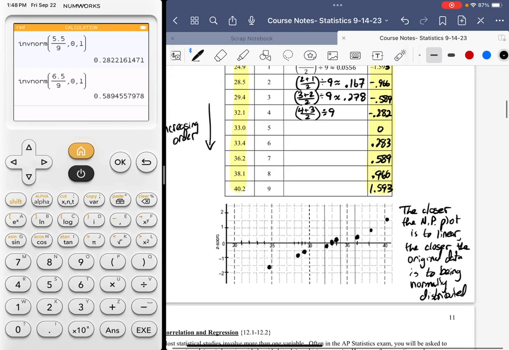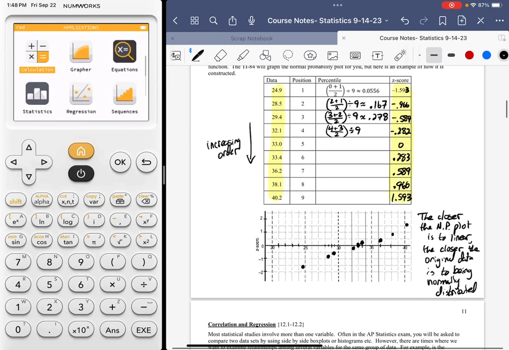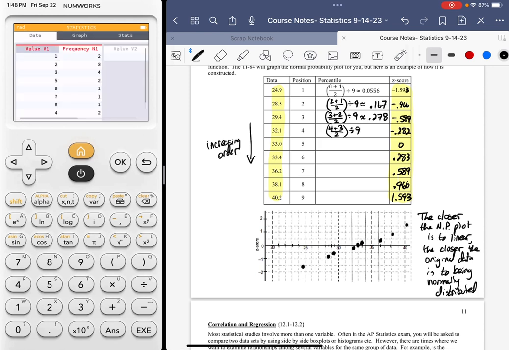I'm just going to chuck this into a calculator real quick, clear out the stuff that I have here, and type in the values: 24.9, 28.5, 29.4, 32.1, 33 even, 33.4, 36.2, 38.1, and then 40.2.